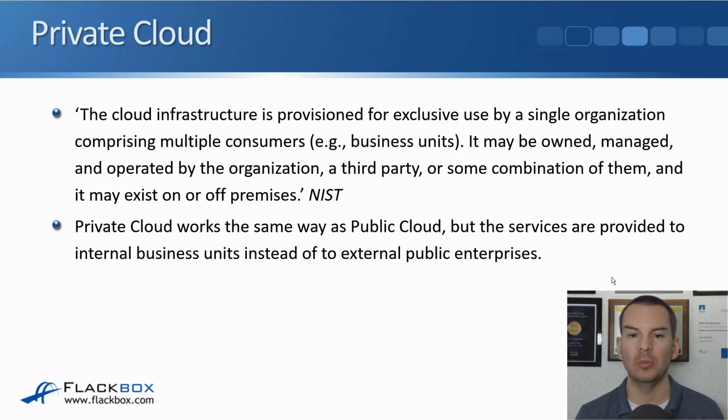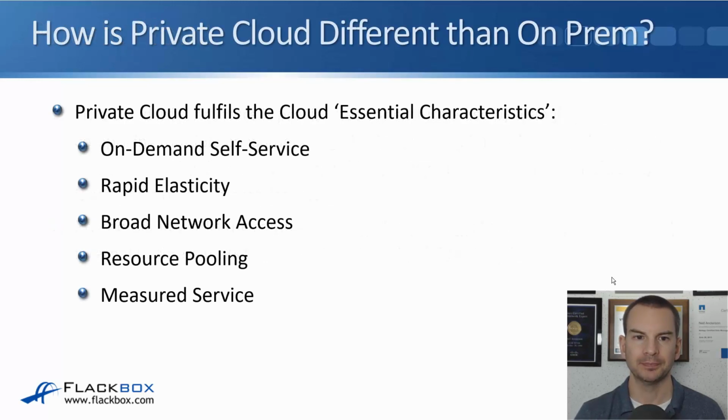Private cloud works the same way as public cloud, but the services are provided to internal business units usually, instead of to external public enterprises. Private cloud fulfills the cloud essential characteristics. So this is how it's different than a traditional on-premises solution. Because you might think, well, private cloud, that's a company and they're owning and managing their own infrastructure and providing support for their own internal departments.